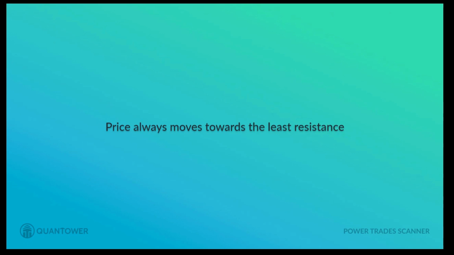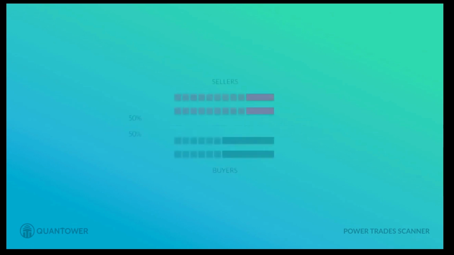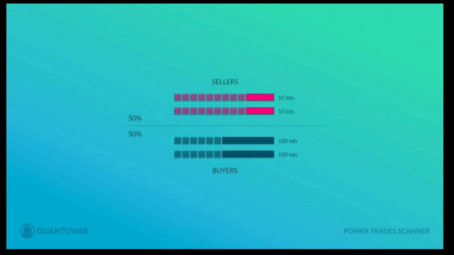Well, for example, let's take a look at the next slide. What we see here is an example of simple market depth. We have two parties. One party are the sellers with the total sell volume of 20 lots, and the other party are the buyers with a total volume of 200 lots. To simplify, let's say the average trade size is 5 lots.